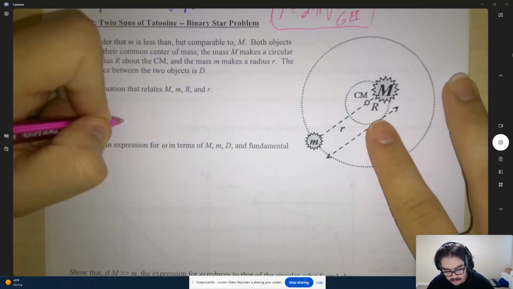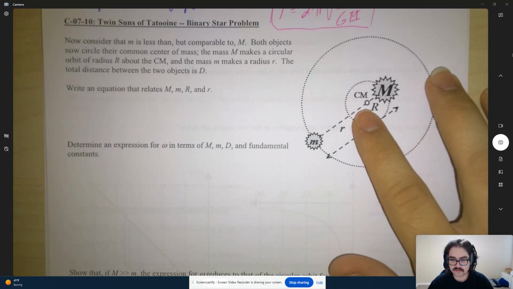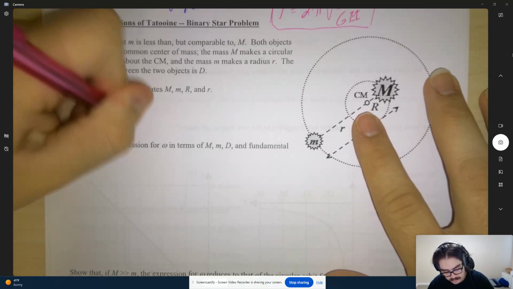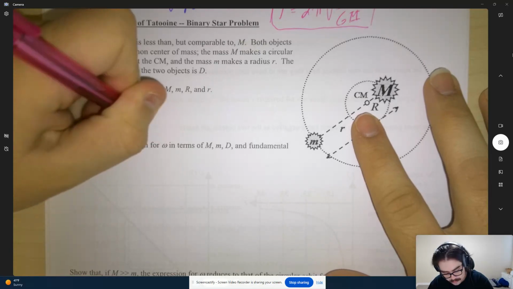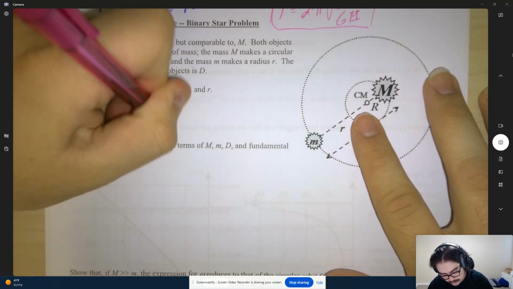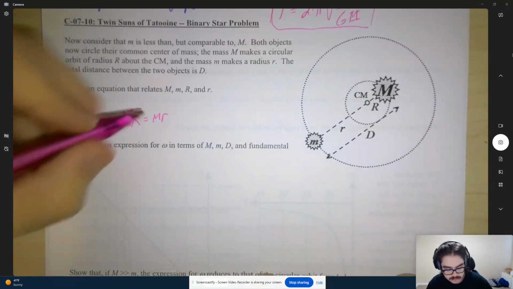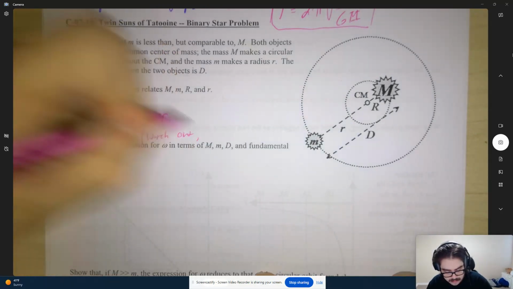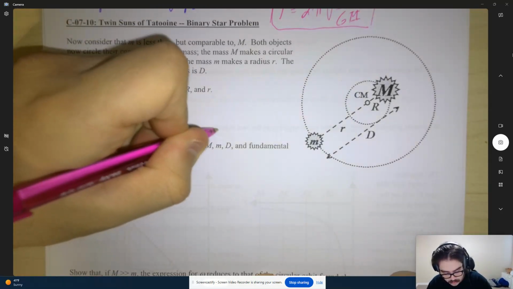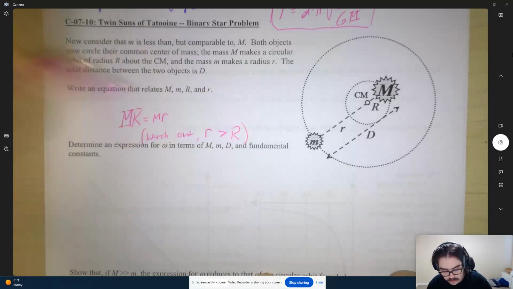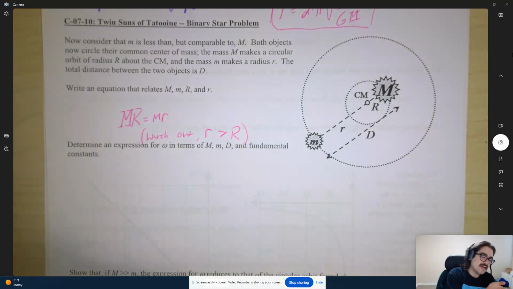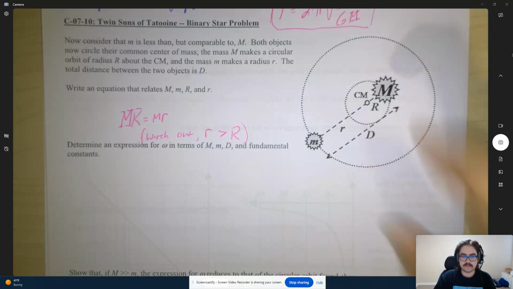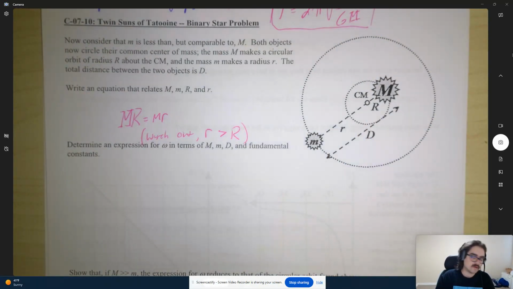If the center of mass stays right here and doesn't move, then this should just be big M times big R equals little m times little r. It's really important to watch out, because in this case little r is greater than big R, and that's confusing. But the reason is that the capital letters are paired with each other, and the lowercase letters are paired with each other.